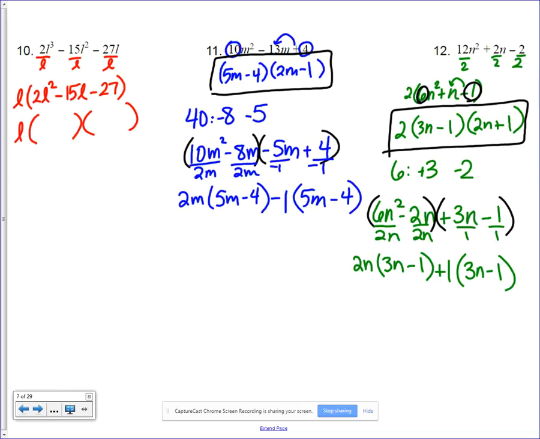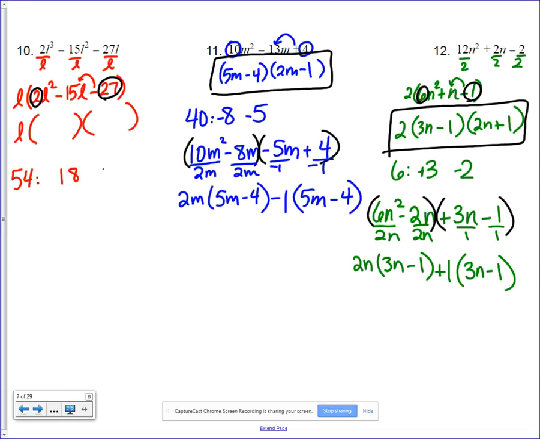Does this trinomial start with a 1? No. So I need to multiply the first and the last terms. What is 2 times 27? I need factors of 54 that will subtract to 15. 18 and 3.